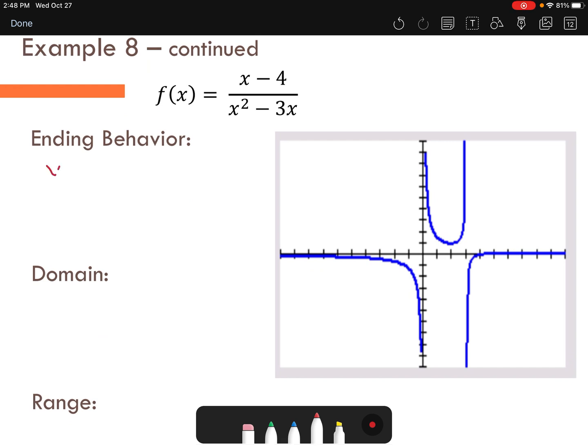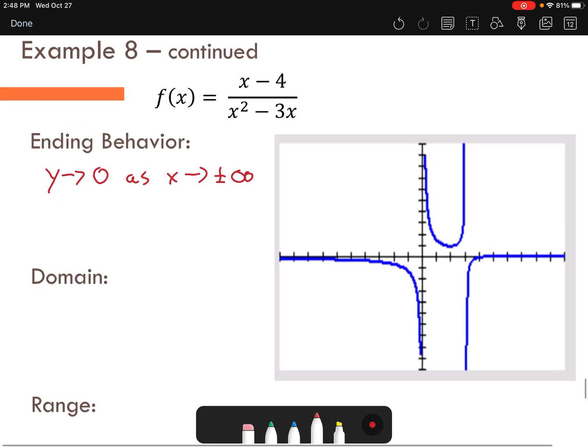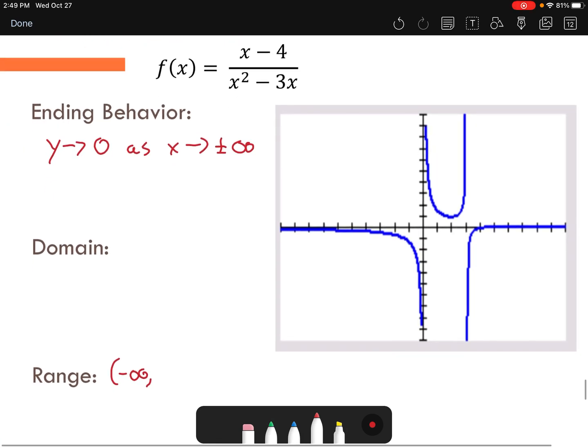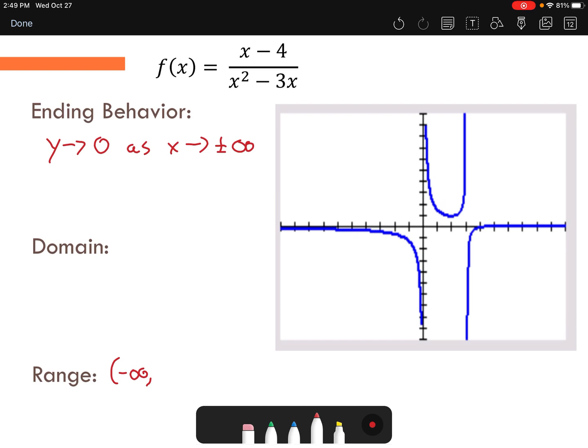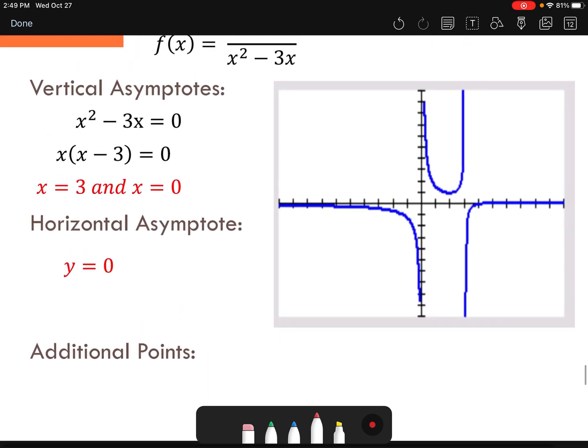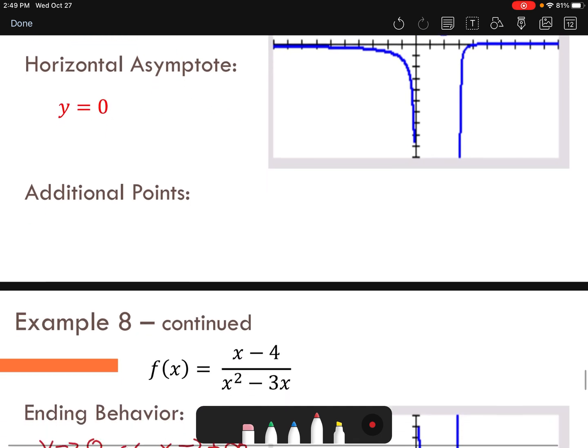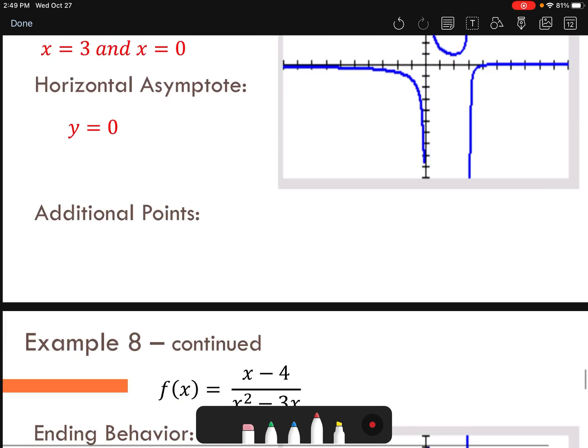Now, what's the ending behavior? We didn't talk about that. So y approaches 0, doesn't it, as x approaches both positive and negative infinity. The domain, I think we already did up above. Now, what's the range? That's pretty dicey. Negative infinity to, where's our y-intercept? 0?